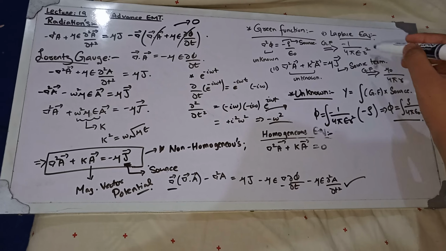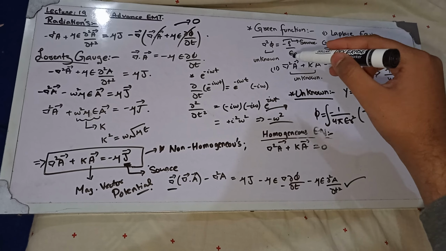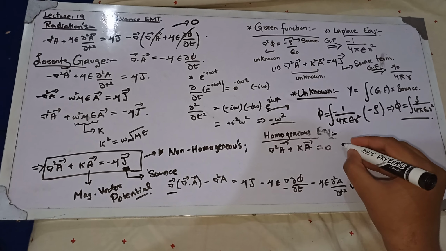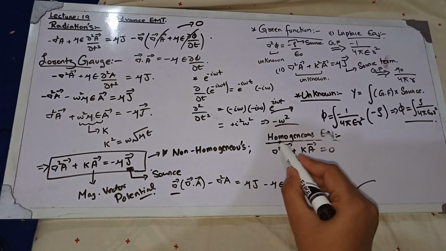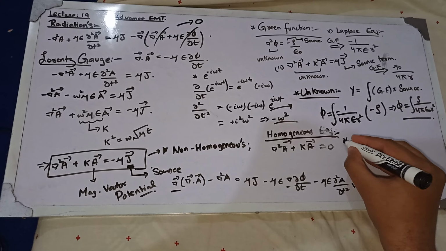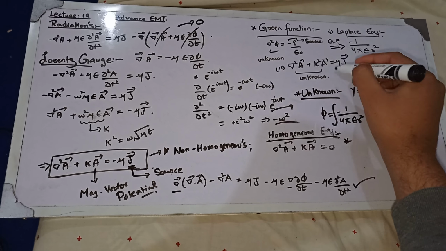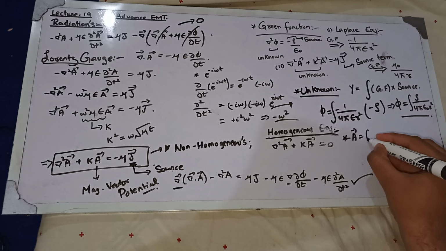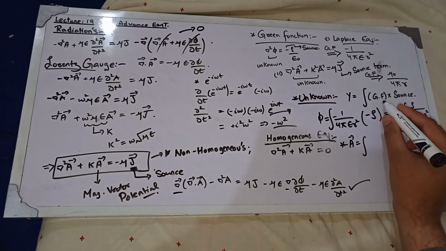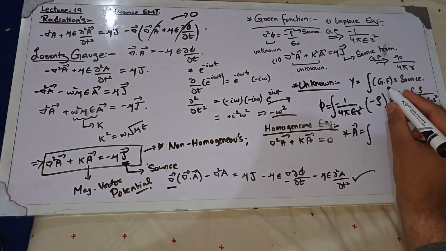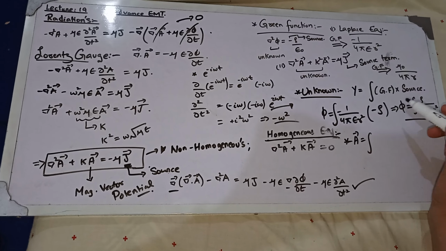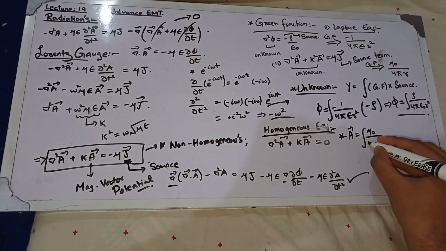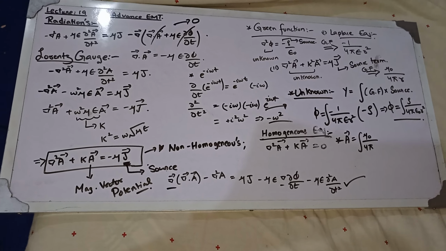So let's again find it for our second equation, which is the magnetic vector potential. As you know, here the unknown is A. If I want to find A, it becomes equal to the Green function, as I mentioned, the Green function of this is mu naught divided by 4 pi.